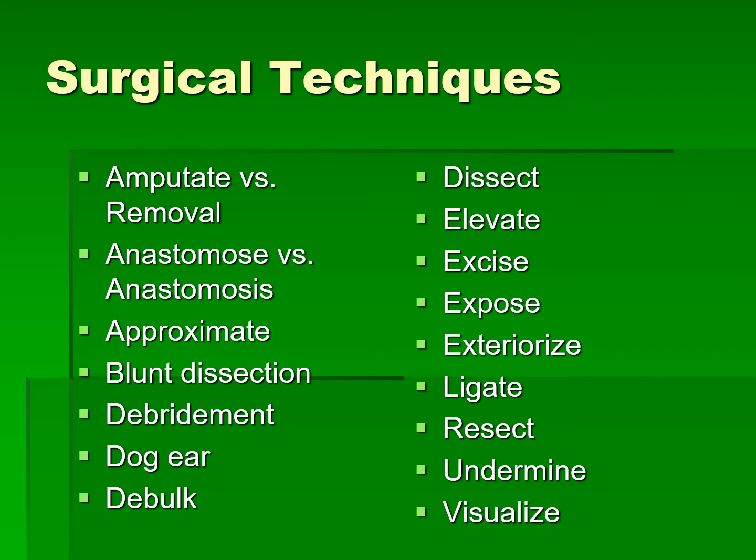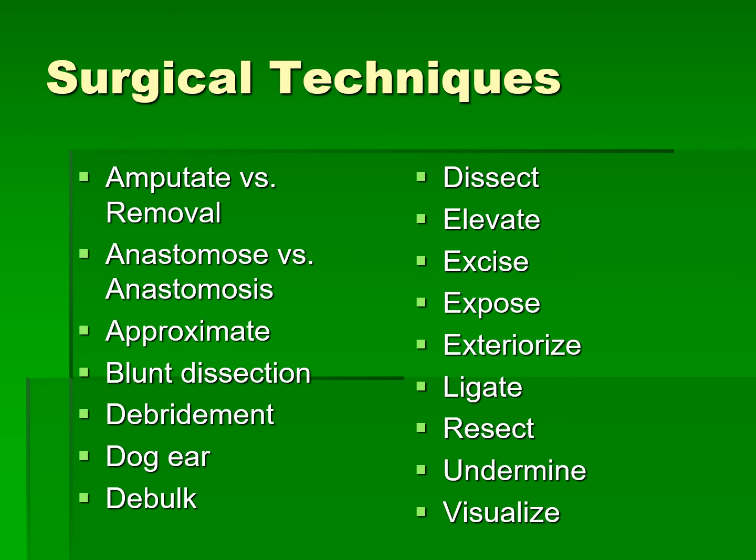Debulking. Debulking can refer to removing a tumor, a cancerous tumor, where they remove some of it or most of it, but not all of it. Okay, dissecting. We've heard this term.